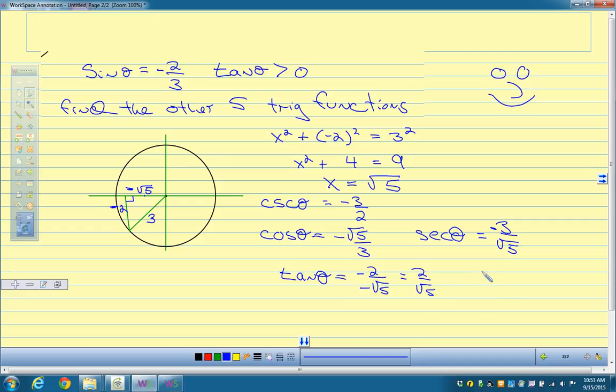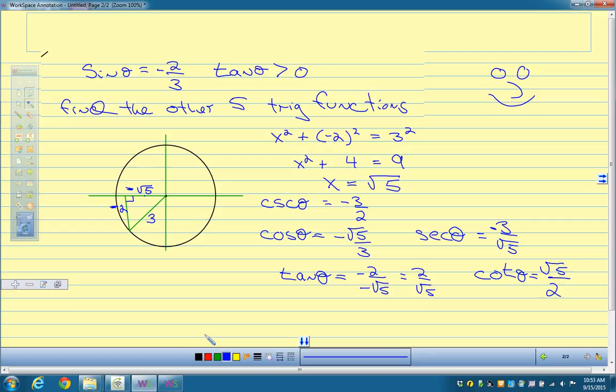And then cotangent of theta is equal to root of 5 over 2, right? Root of 5 over 2. Yes? No? Maybe?